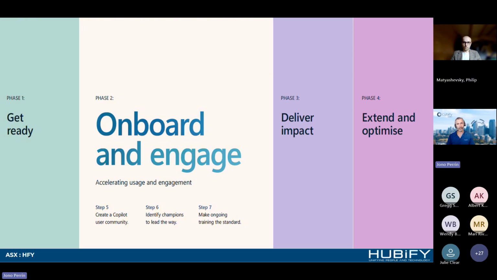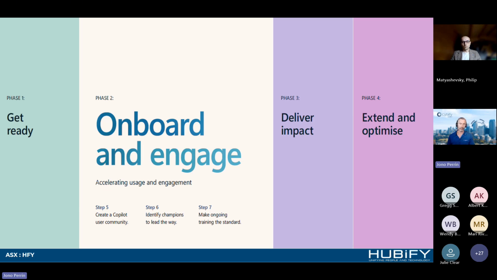The other one is to identify the champions. Who are those really early adopters who are taking it on board to do a whole lot of extra training and the likes, because they're going to be the key for driving that wider adoption as well. And then the last in this piece is ensuring that ongoing training is there.